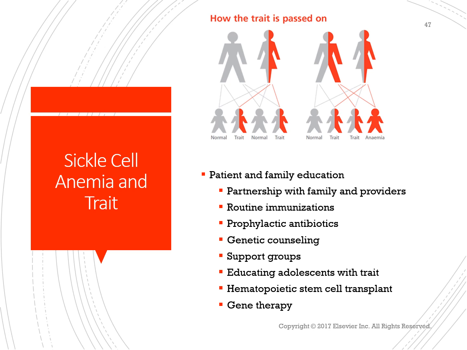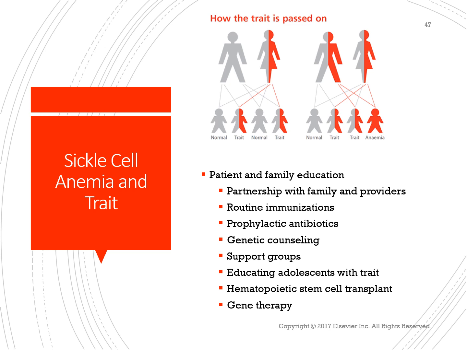Patient family education. This is absolutely going to be a partnership with the family and providers, because this is a lifelong disease. We're going to make sure that they get their routine immunizations, they're taking their prophylactic antibiotics correctly, genetic counseling, because as we've talked about, this is hereditary, support groups for other families that are dealing with sickle cell.